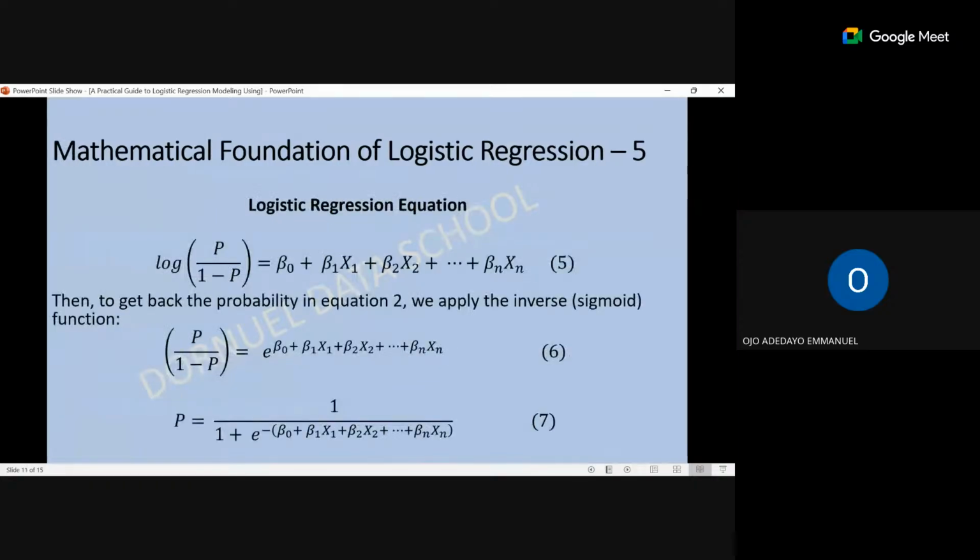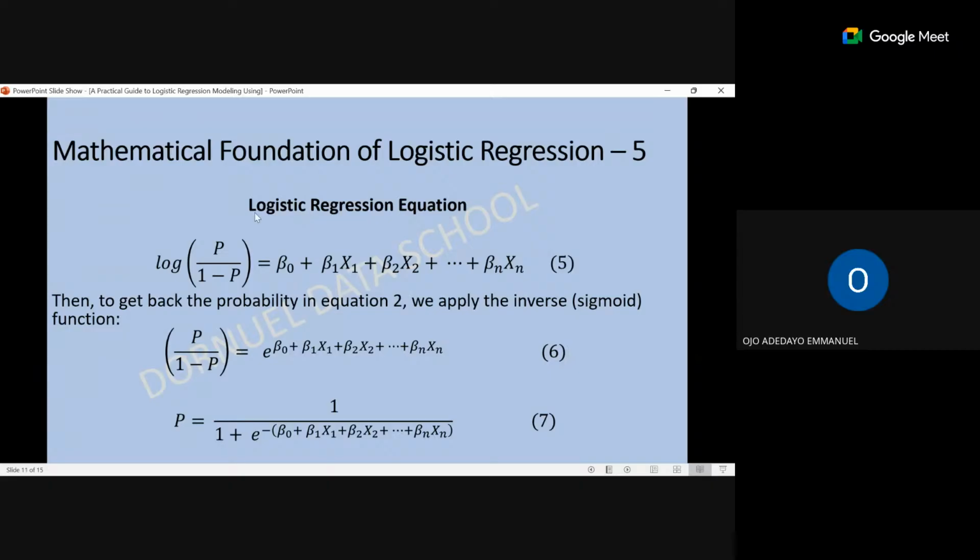Now, this is the logistic regression model. We have this part here, which is the log of odds, and this particular part is like a linear model. That is, we have beta naught plus beta 1 x1 plus this, and this.